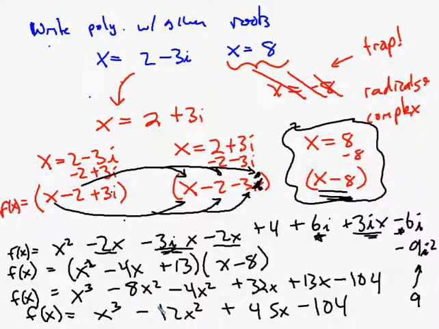All right, so let's do one with radicals. Actually, let's do one with radicals and imaginary. Okay? So we're going to, same question, write a polynomial with the given roots. Let's say that the first one is x equals negative 3i. And let's say the other one is x equals root 5.